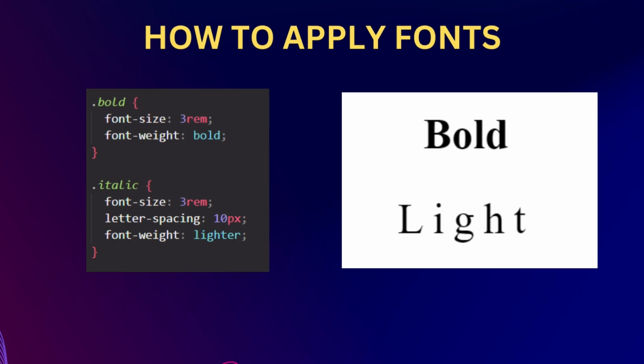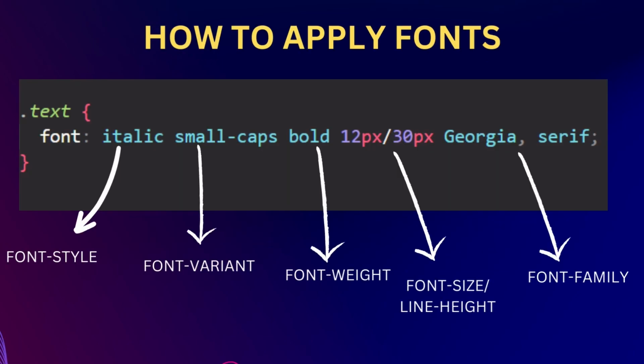Now, to make code shorter and more concise, you have the option to specify all individual font properties within one property. This can be done using the font shorthand property. By using this property, you can set various elements such as font size, font weight, font style, line height, and more, all in one go.